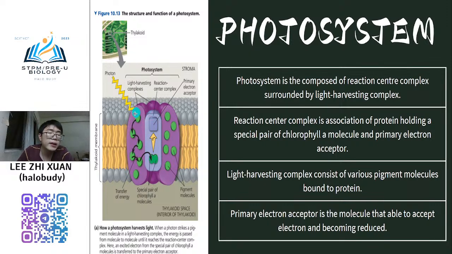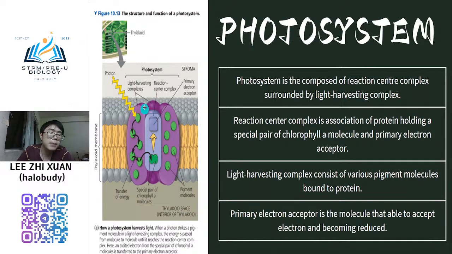When the chlorophyll absorbs energy from the light, the electron becomes excited. So when the chlorophyll A absorbs the energy from the light, it becomes excited and then releases the energy to another chlorophyll, and then this chlorophyll will be excited and release energy to another chlorophyll again and again, until it reaches the reaction center complex here.